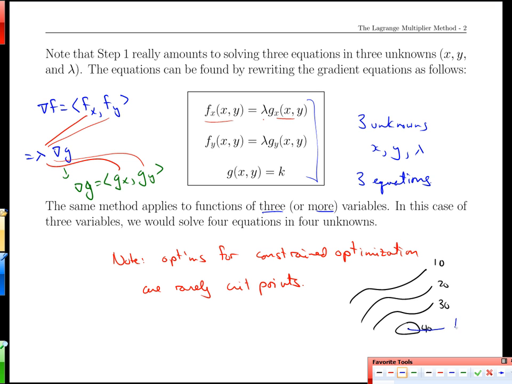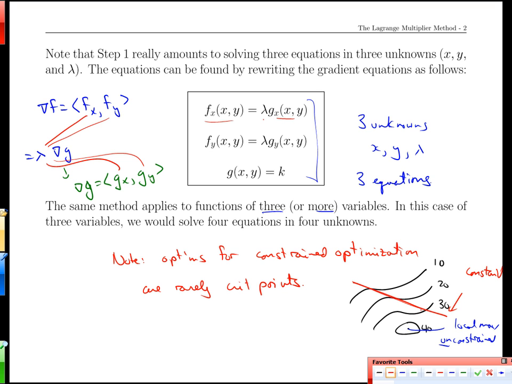So there would be a local max here if we were allowed to go anywhere we want. So if we had an unconstrained problem, this would be where we would look. But in most constrained problems, we might be limiting ourselves to, say, this line here. If that's our constraint, then we can't get to the critical point.